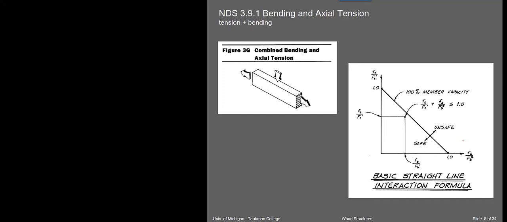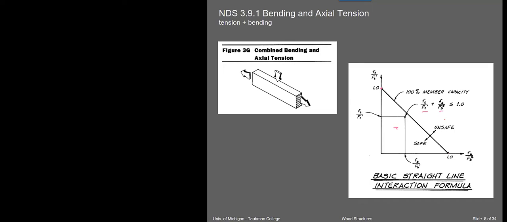Okay, so an interaction diagram, maybe from concrete. You use interaction diagrams, don't you, people? If you're familiar with concrete, I can remember textbooks that had a dozen diagrams, and you could actually use the diagram and see whether, if you fell in here, you'd be safe. If you got outside the curve, you're unsafe. So the interaction diagram is pretty simple. In this case, it's just a straight line because it's just the sum of these two.